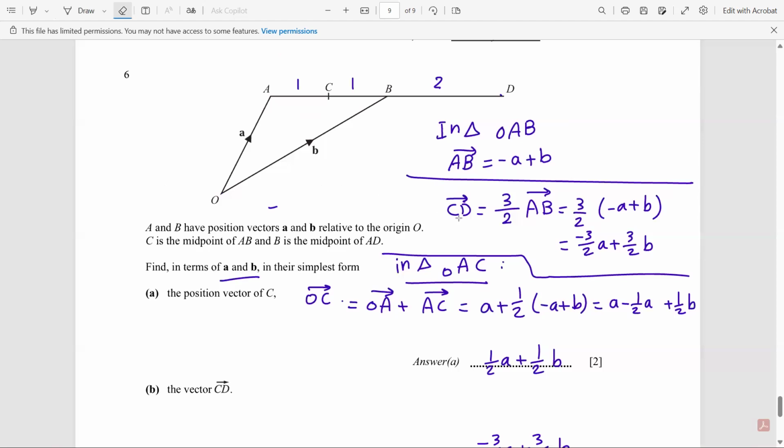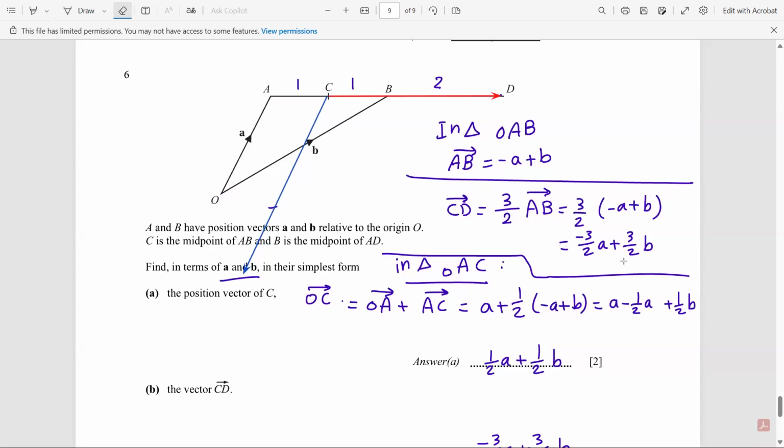So this vector CD is the same as negative 3/2, which means 1.5 times in negative A. It means when you move from point C, 1.5 times in the negative direction. This is A, this is negative A now, 1.5 times like more than one, like this.